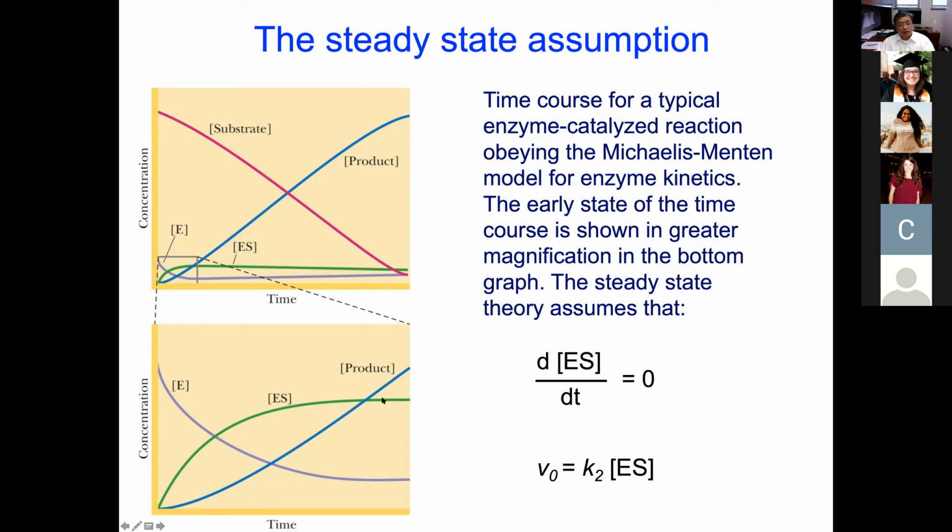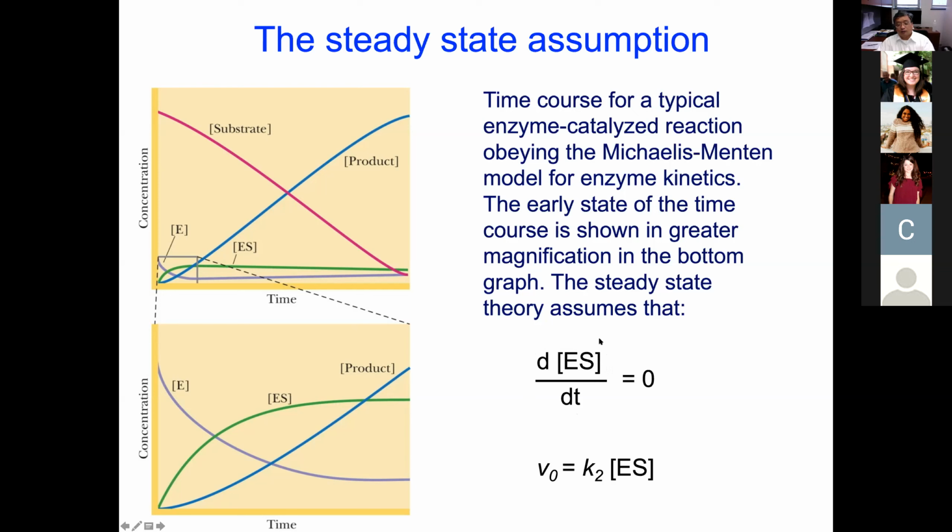And so in this stage, the substrate is consumed at a constant rate, and product is formed at a constant rate. So this is a steady state assumption. We assume the concentration of ES complex does not change as a function of time.